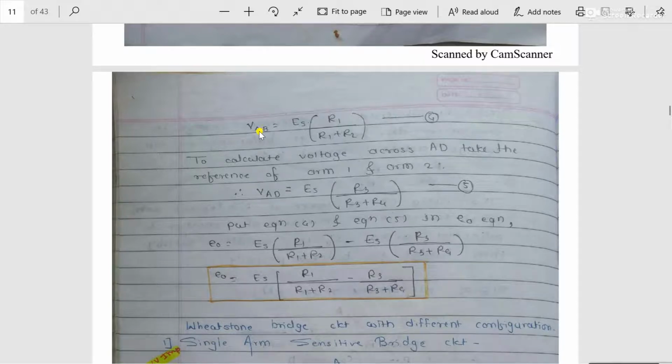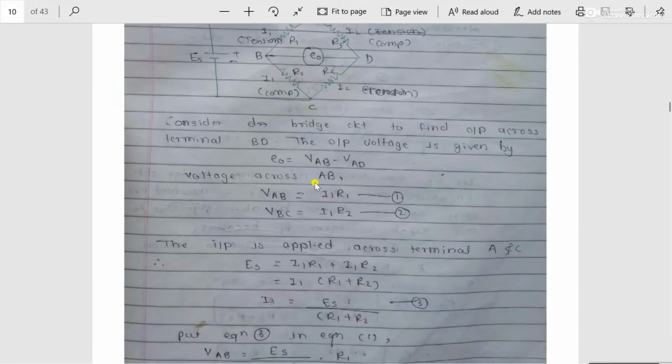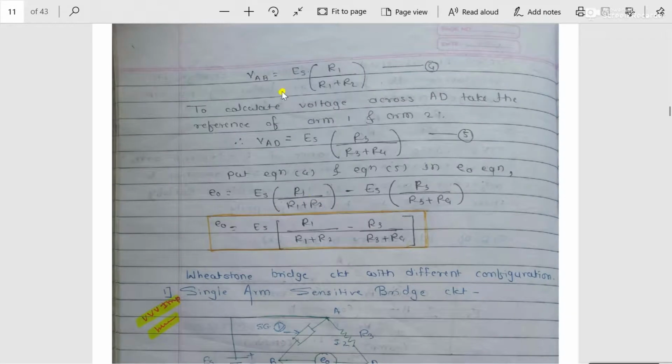And as we have calculated value of V of AB and value of V of AD, so I have to put this equation number 4 and equation number 5 in the E0 equation. So here we are having that E0 equation, and by putting the values of V of AB and V of AD in the E0 equation, I will get the final output of the Wheatstone bridge circuit.